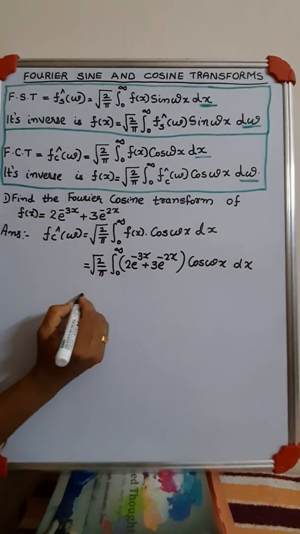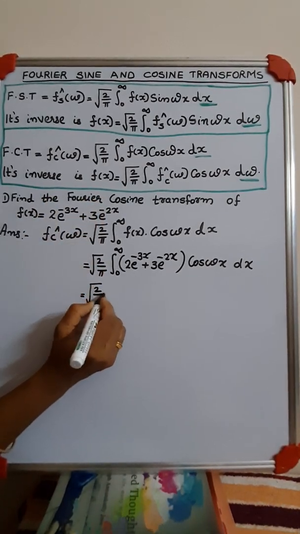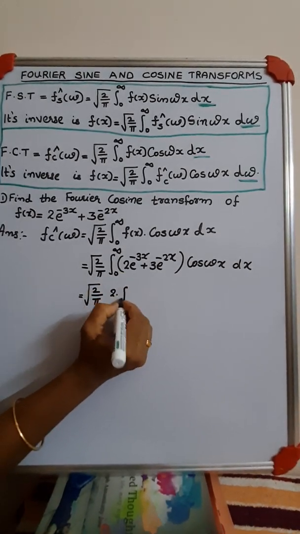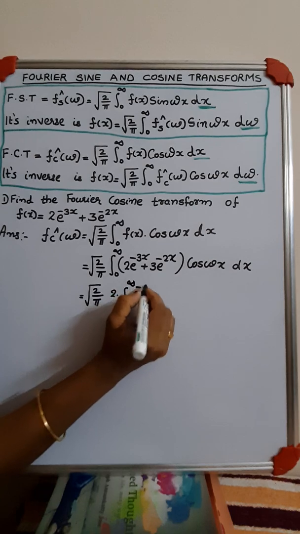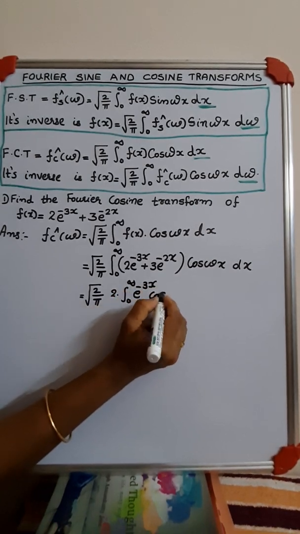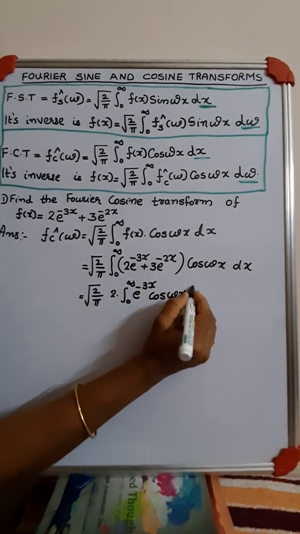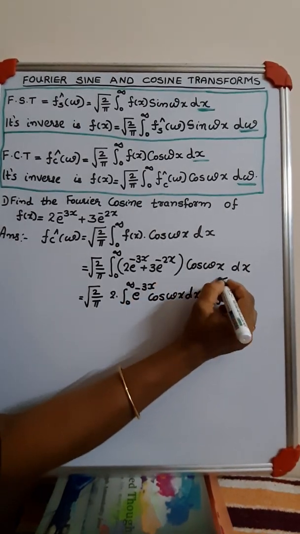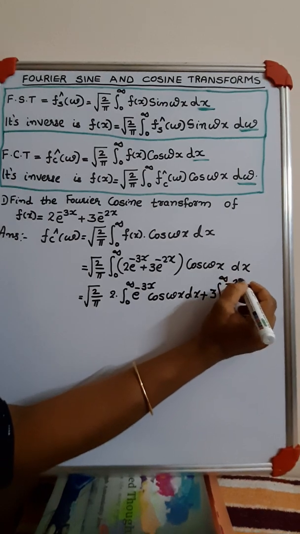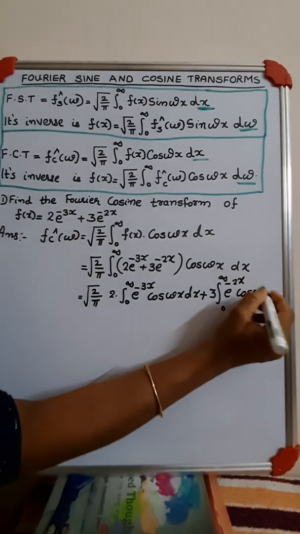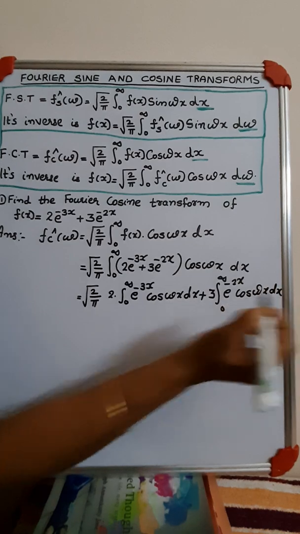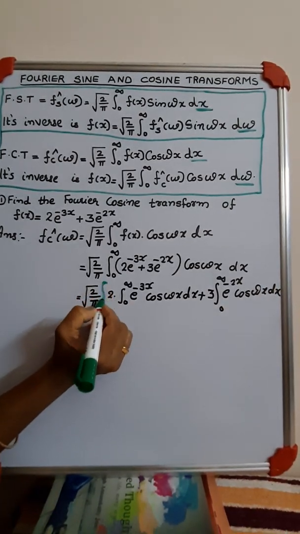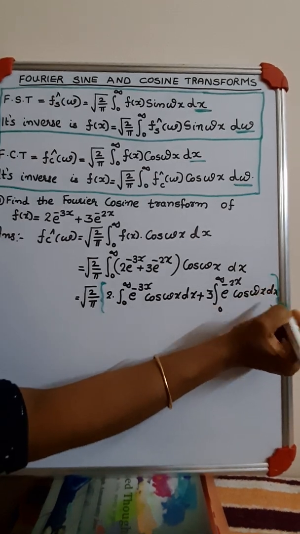That is equal to root of 2 by pi into, we can write 2 into integral 0 to infinity e raised to minus 3x into cos omega x dx plus 3 into integral 0 to infinity e raised to minus 2x into cos omega x dx. Then root of 2 by pi is common for both terms.